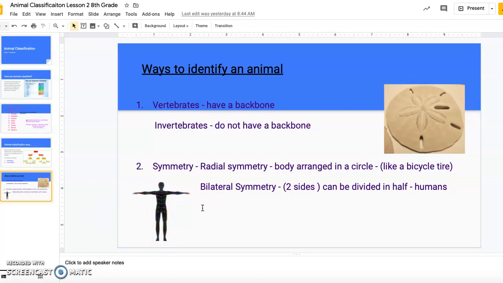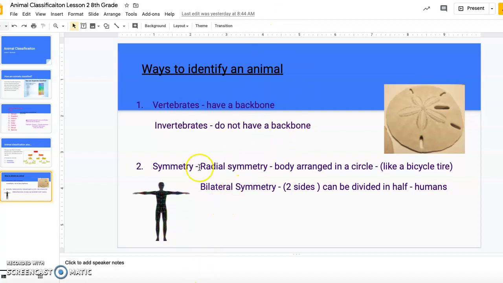Now, I always have kids say, oh, we only have one heart, but for the most part we can be divided, and we do have a lot of two organs, two kidneys, two lungs. So that's bilateral symmetry. Humans, lions, dogs, cows, cats, rabbits, those are all going to have bilateral symmetry.